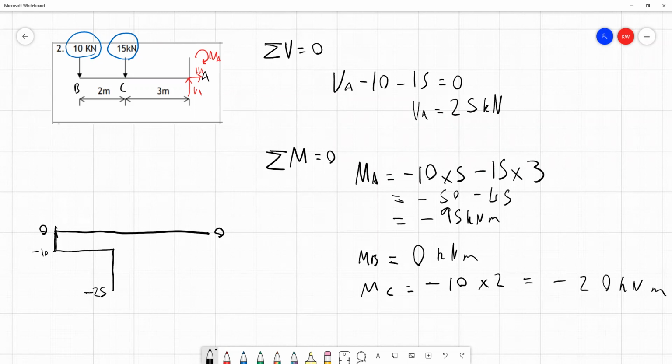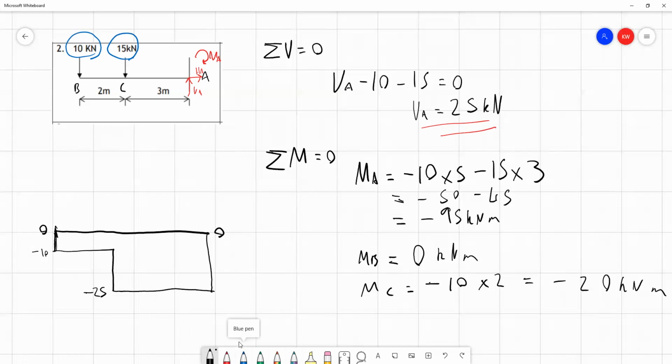Again, there's no forces applied until we reach point A, our support, so we go across, and of course we know from our calculation at the top, this is what's going to take us back to 0. We have 25 kilonewtons positive shear force acting upwards, so that completes our shear force diagram. And if you look at the solutions to the problem on MyCity, you'll see a very similar but more neatly drawn diagram than that.